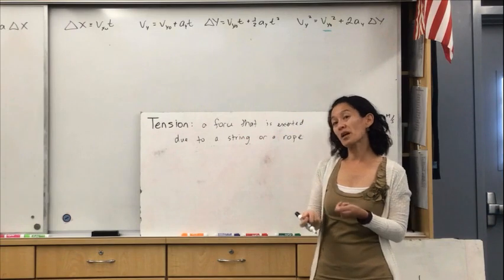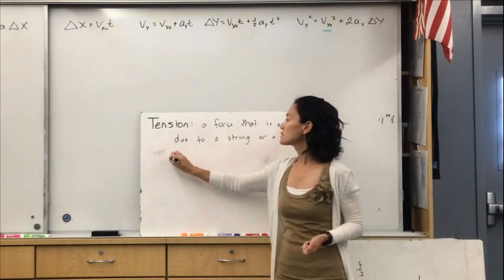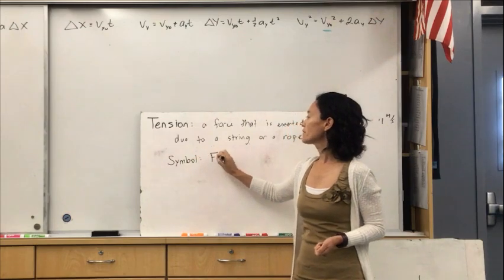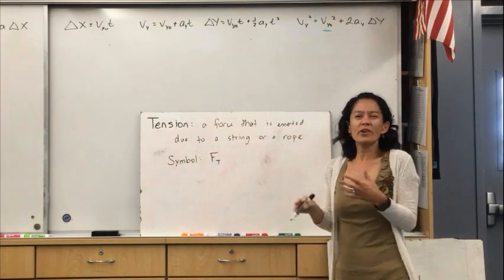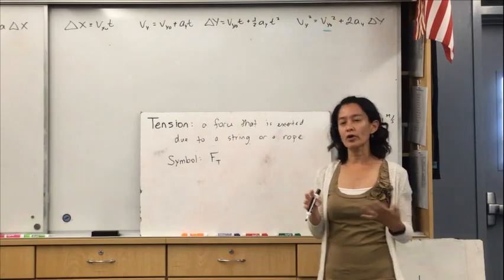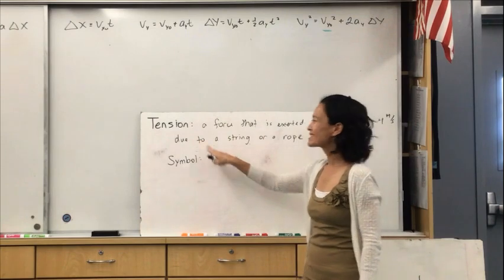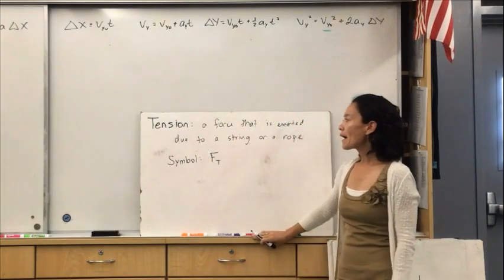It's a concept where it's like a pull force. And the symbol for this is F sub T. So hopefully you're seeing the pattern in terms of how we are symbolizing our forces. It's F, and then typically the subscript is the name of the force.